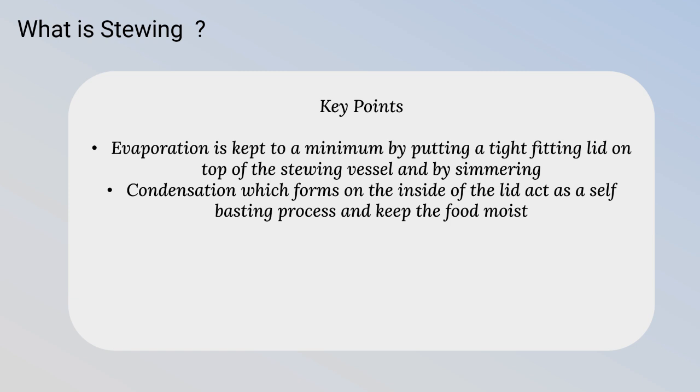Steam will come in contact with the lid, be condensed, transform into liquid and drip onto the food. Condensate which forms on the inside of the lid acts as a self-basting process and keeps the food moist. In this case, that will be taken as an advantage, that it will be keeping the food moist all the time.